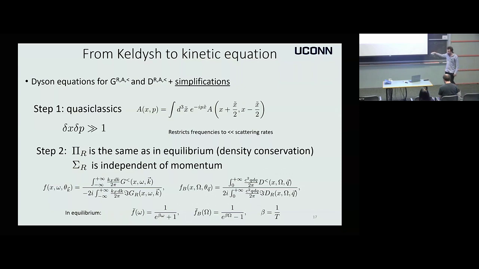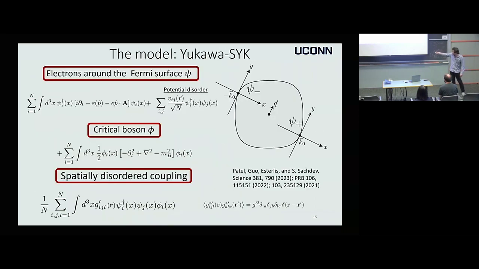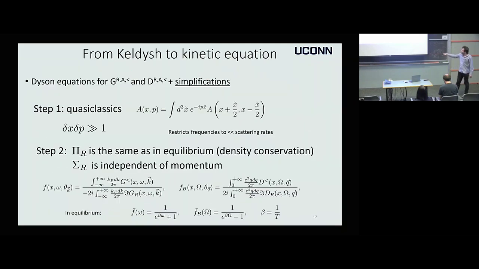The retarded boson self-energy coming from the interaction is actually unrenormalized in non-equilibrium, which follows just from momentum conservation and the fact that you couple to the density of the fermions with this coupling. And the second simplification, again, arises from the spatially disordered type of the interaction, that the fermion self-energy is independent of momentum.